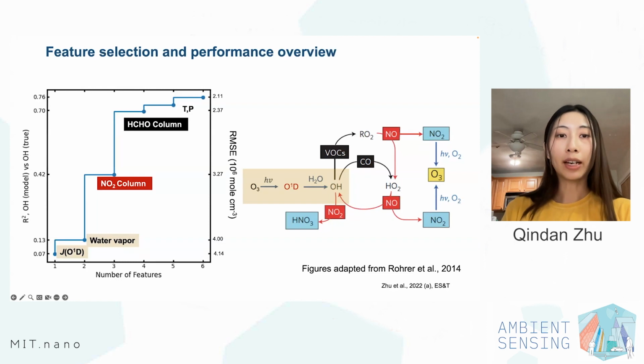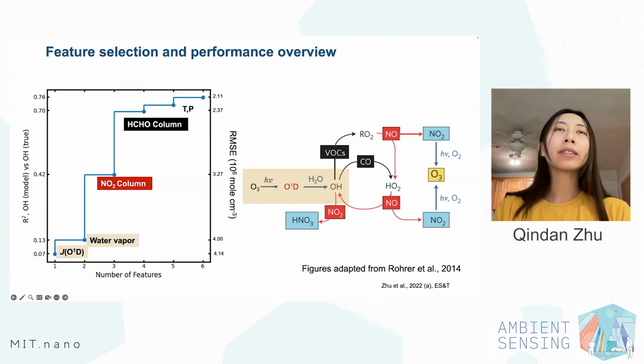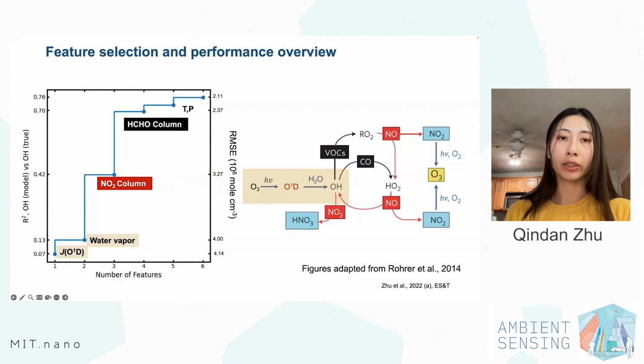From the figure on the left, I'm showing the performance of this machine learning model by incrementally adding the input features. We could see that while we are adding these two column input features, namely NO2 column and formaldehyde column, we see the largest improvement of the machine learning performance.